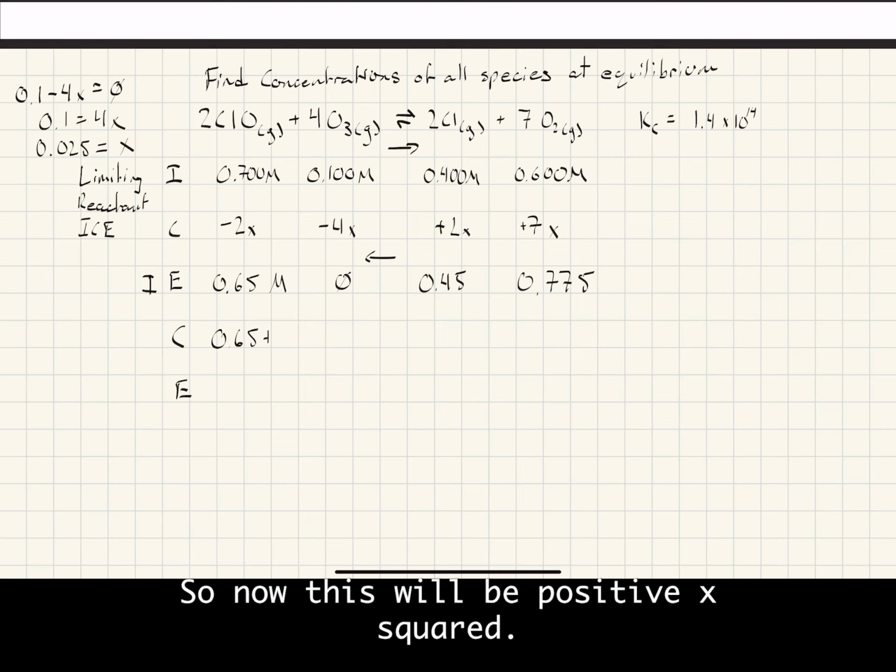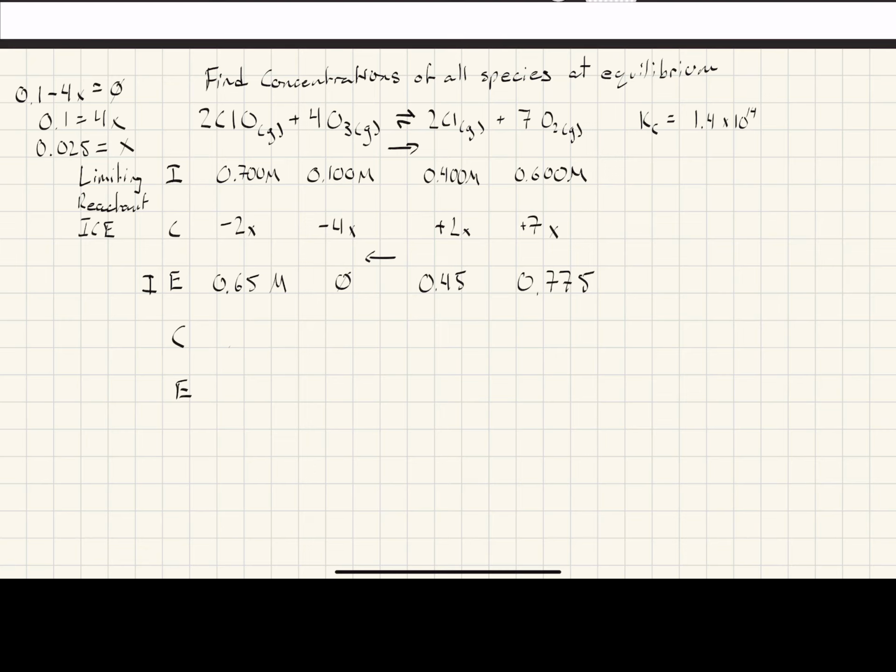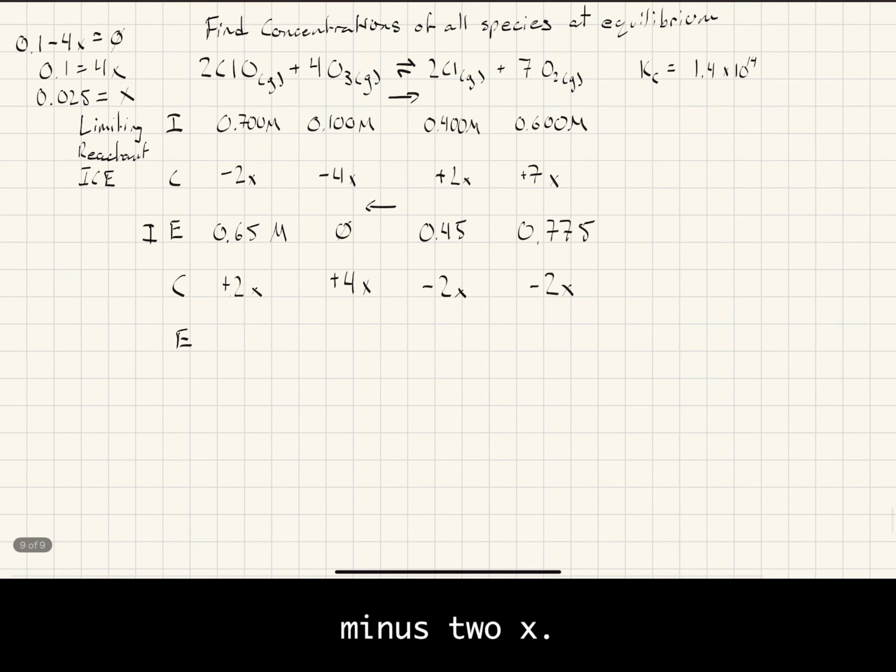So now this will be plus 2x, plus 2x, plus 4x, minus 2x, minus 2x, minus 2x.